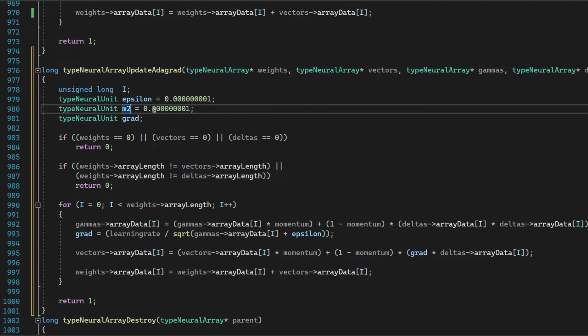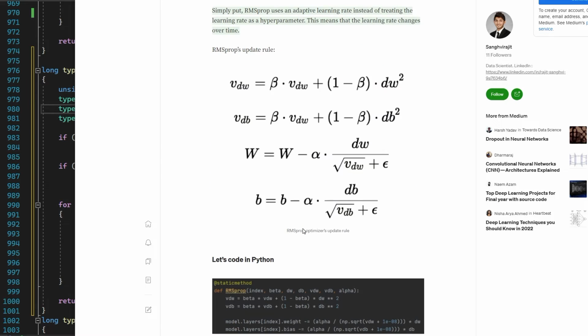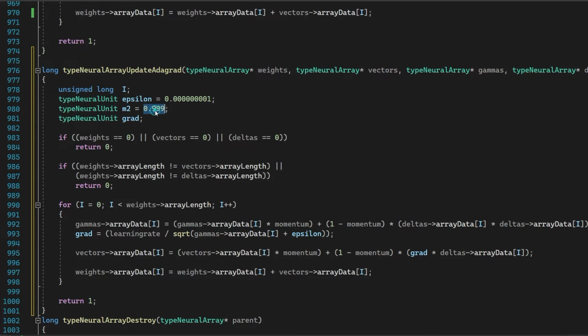Got M2 right here. The regular momentum value is 0.9, but here we have to use 0.99. I actually don't know why, but the momentum just has to be bigger.